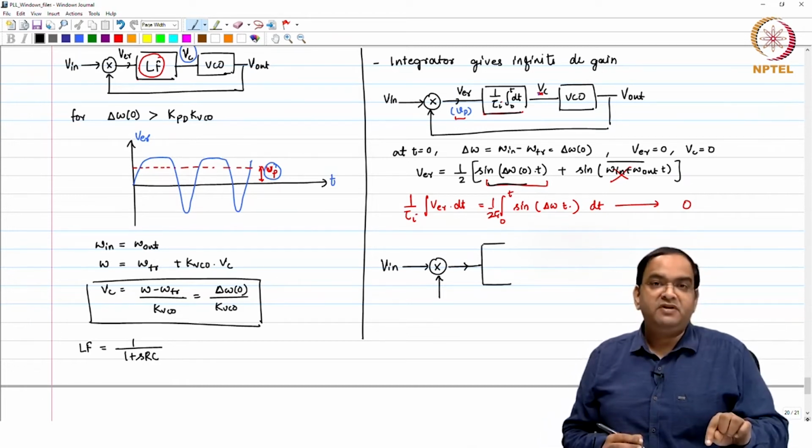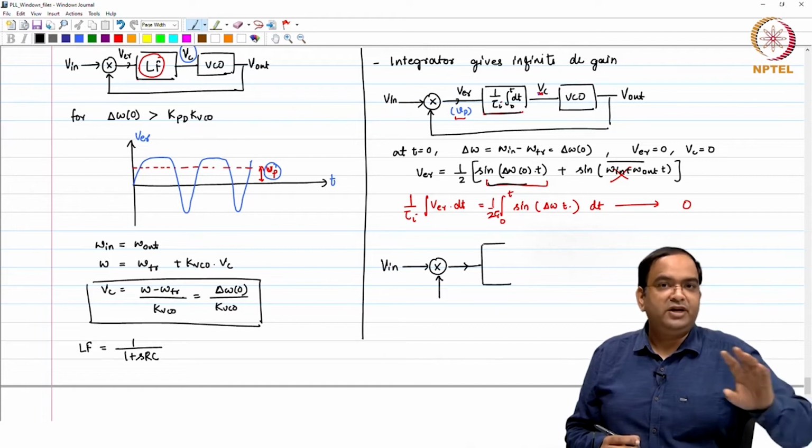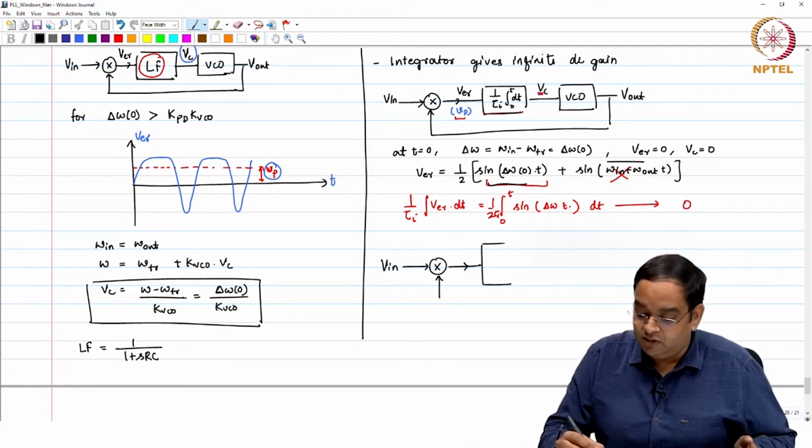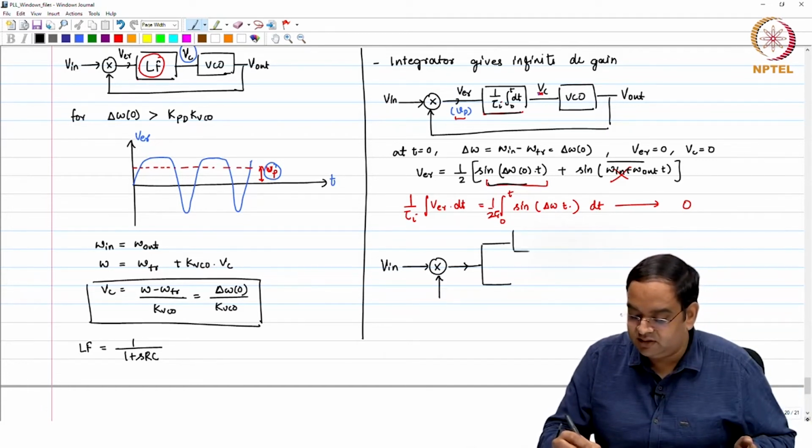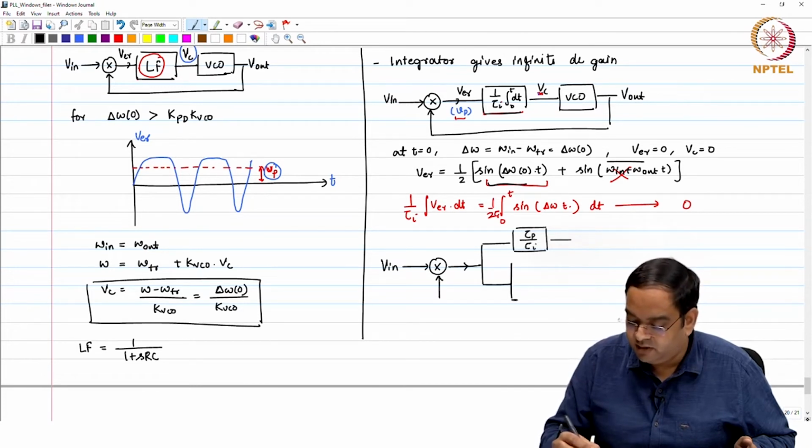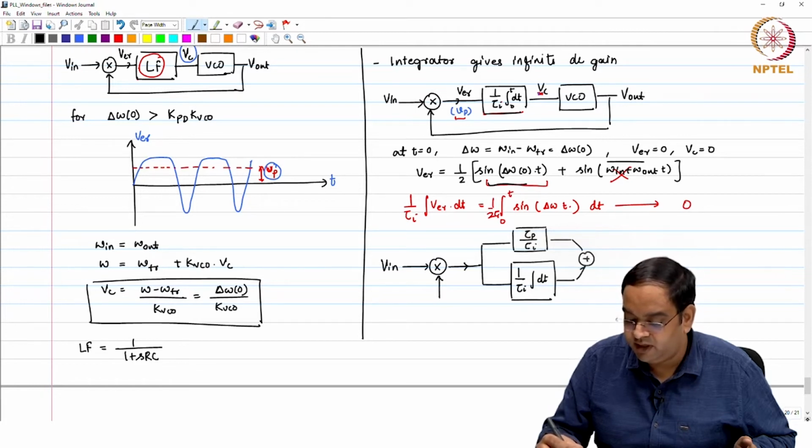One, the previous path, which has a DC gain of 1, you can think that way. Now I will just use a proportional constant of value tau p by tau I, and another one with an integrator, 1 over tau I times integral dt. These two things I am going to add somehow, do not worry about how, and then this goes to the VCO.